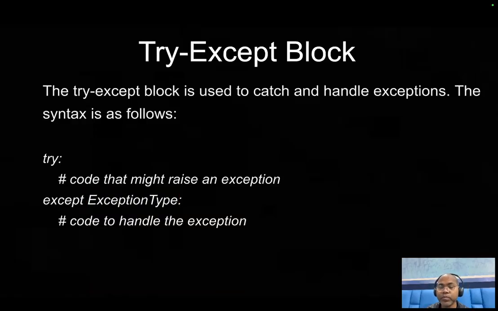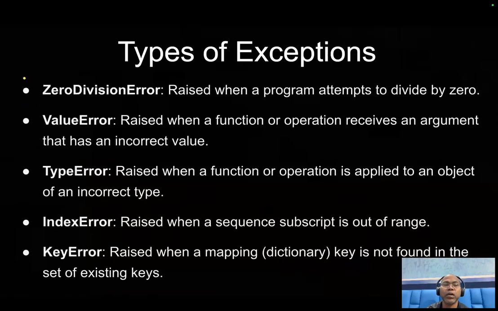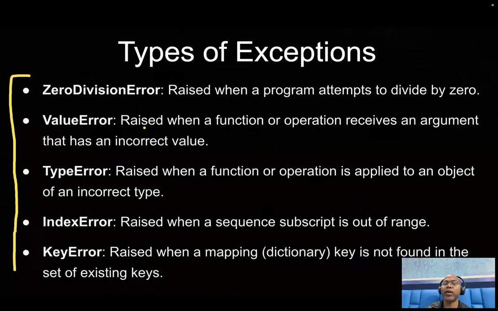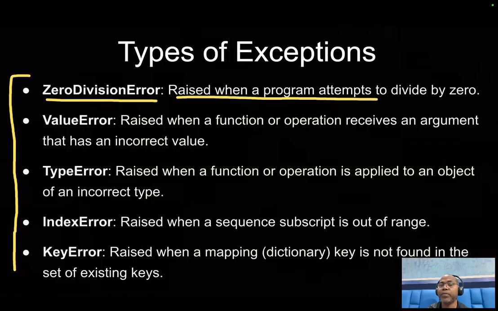Python provides a huge list of the types of exceptions. But generally, in the initial phase as a Python developer, we should know something like the divide by zero error. This is raised when the program attempts to divide any number by zero.